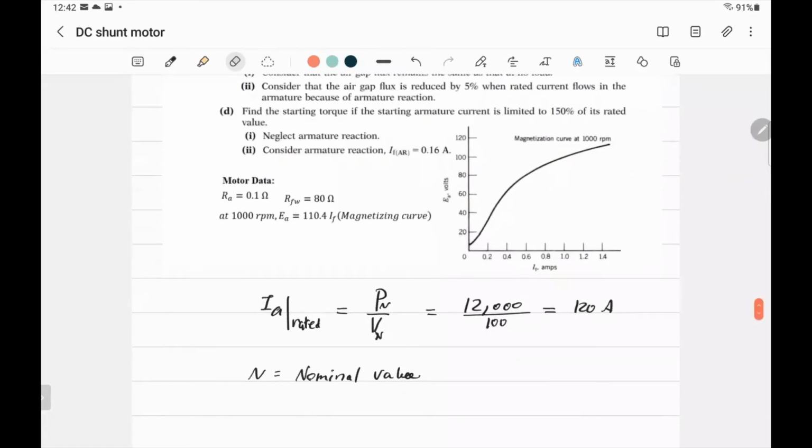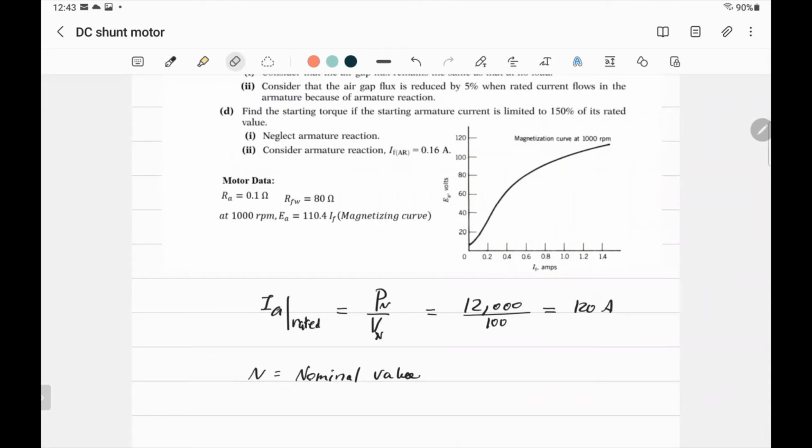It's given as data, and it's nonlinear. To make it simple for your calculation, we just said at 1000 RPM the voltage is 110.4 times IF, the magnetizing curve. We made it almost linear.